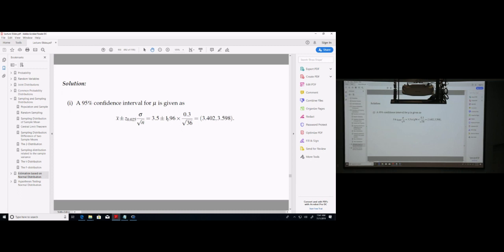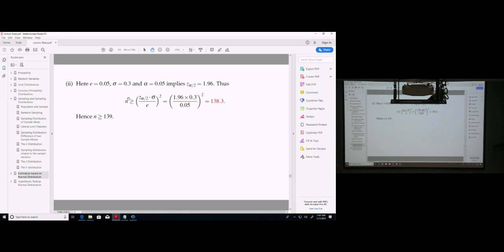So 1.96 is from the table. People usually approximate it to 2 because 1.96 is around 2. And that is why people are interested in using 95% very often, because it is easy to remember. So we have an interval like this.